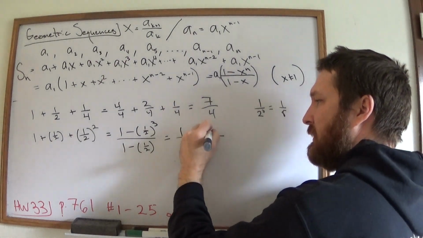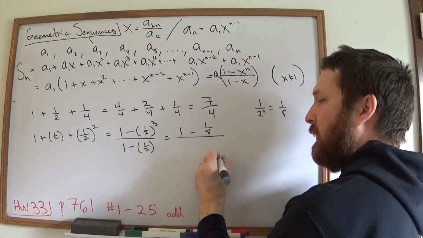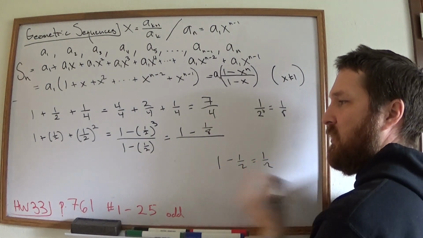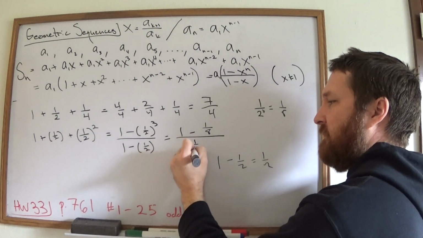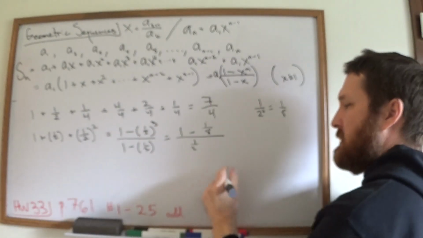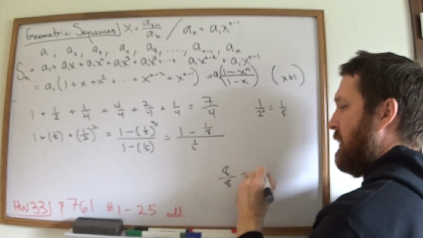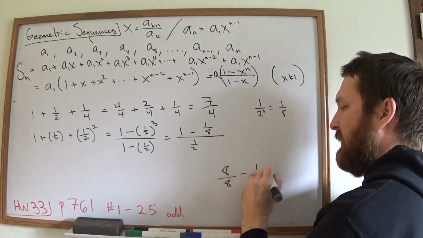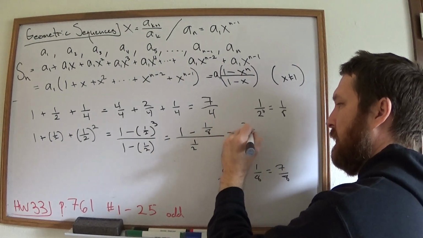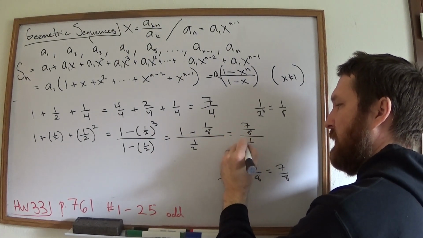So that's 1 minus an eighth. 1 minus a half is just a half. So I'm just going to say on the bottom we have a half. So that's 8/8 minus 1/8. That should be 7/8 on the top. Divide by 1/2.